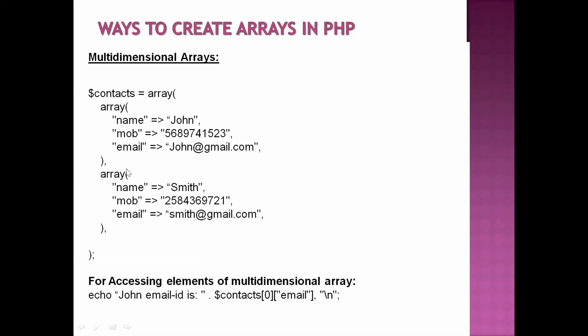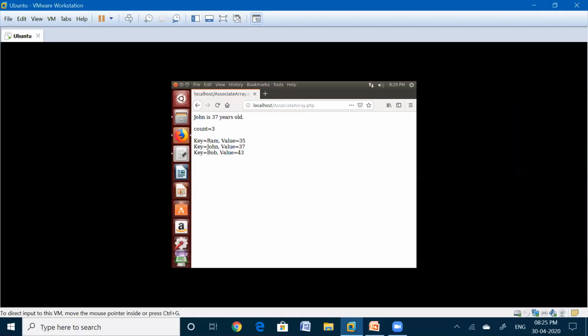Now, if you want to access the values of John or Smith, we can access like this. Echo John email ID is $contacts[0]['email']. 0 indicates John's details. Email indicates the email address of John. Right? So this is the way to create a multi-dimensional array.